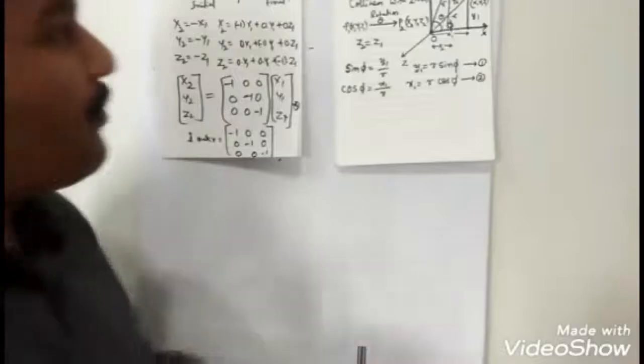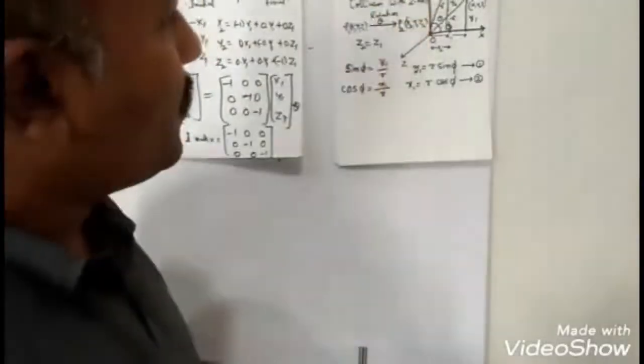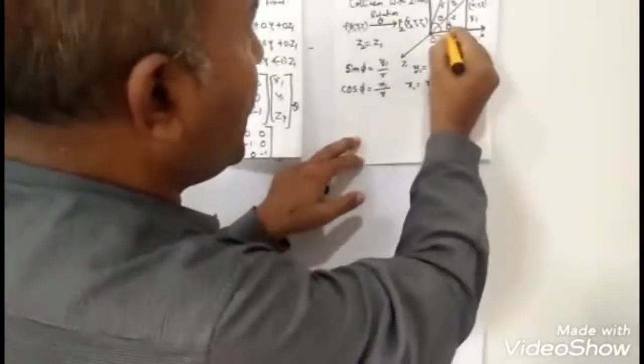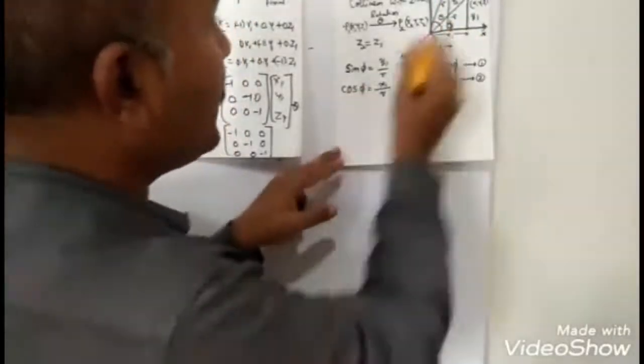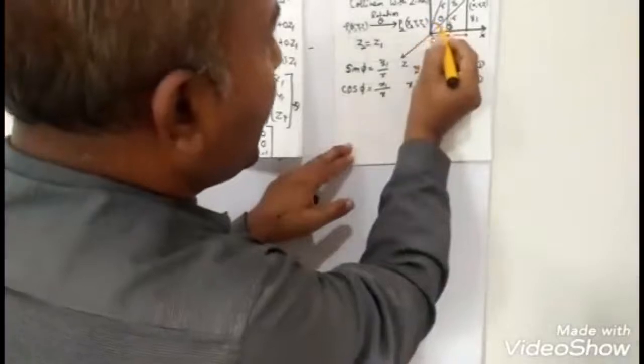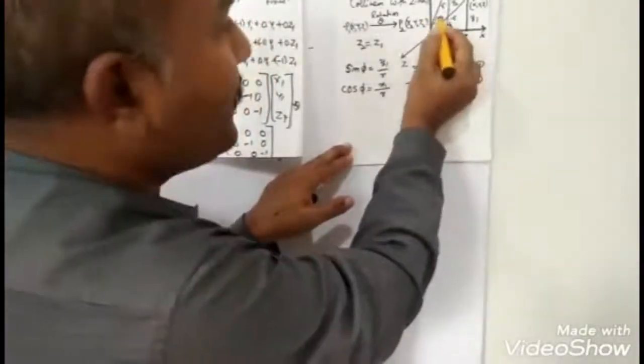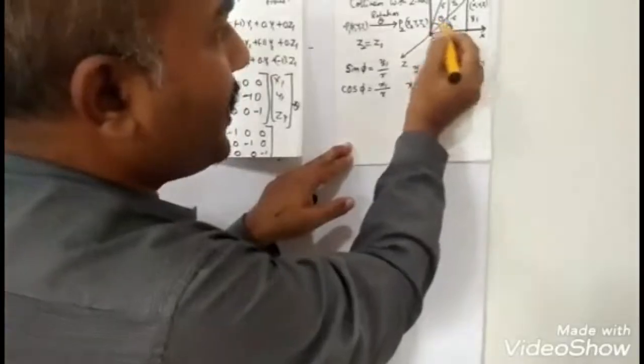So now you go for the second triangle to find out the values of x2 and y2, that is point P2, origin and up to here. Now this angle is taken as theta plus phi, since both phi and theta are there.